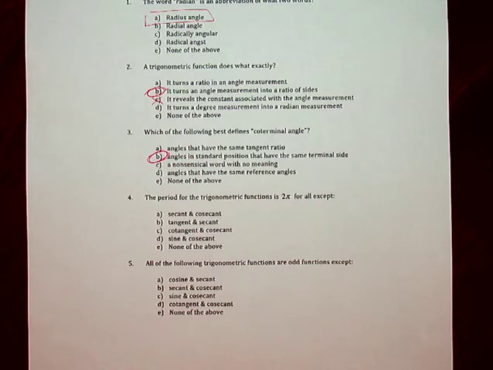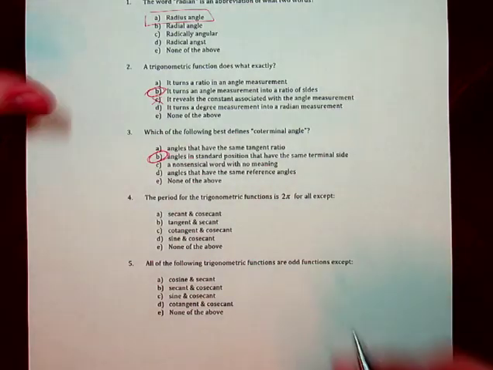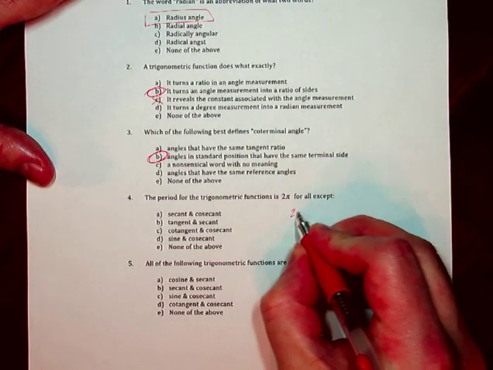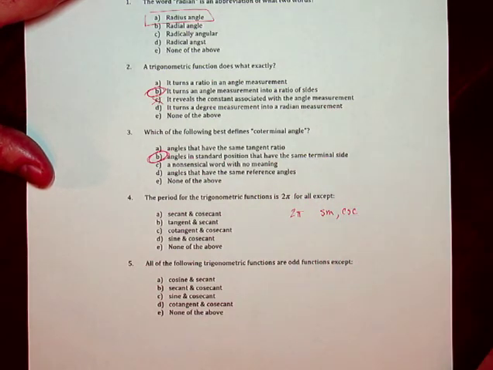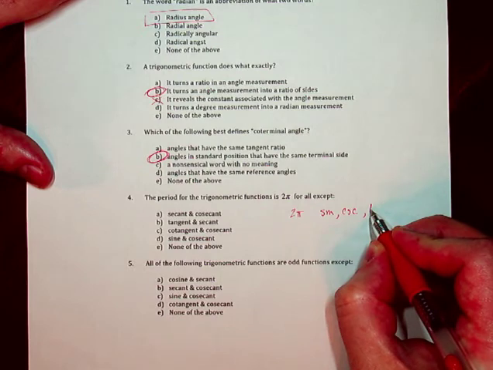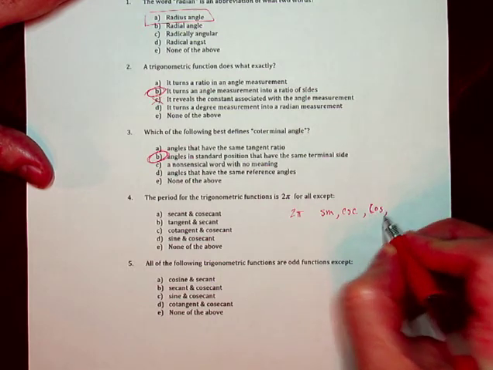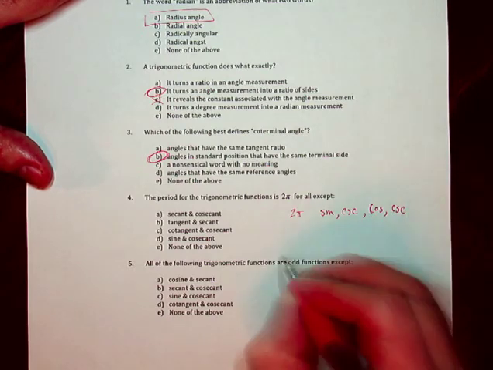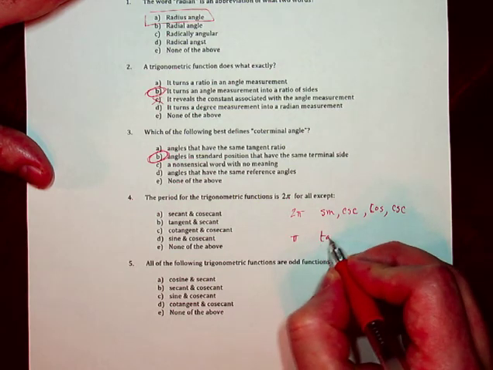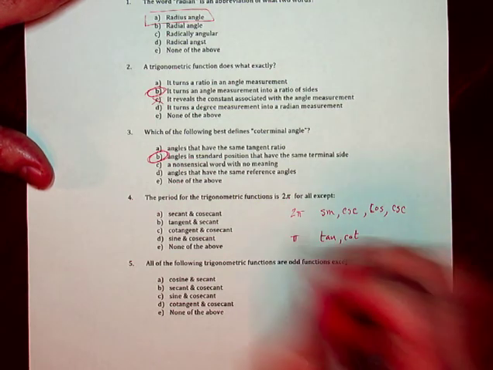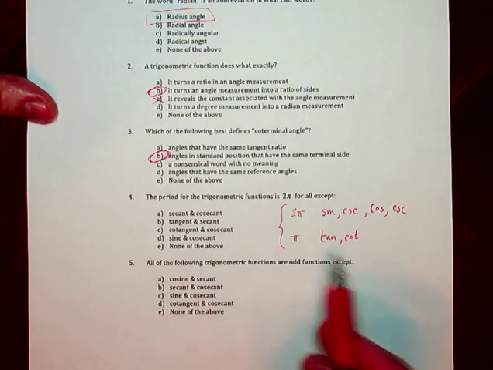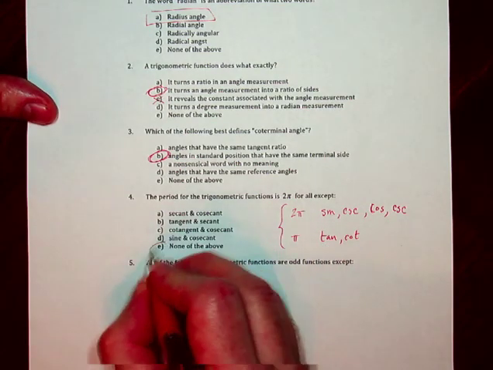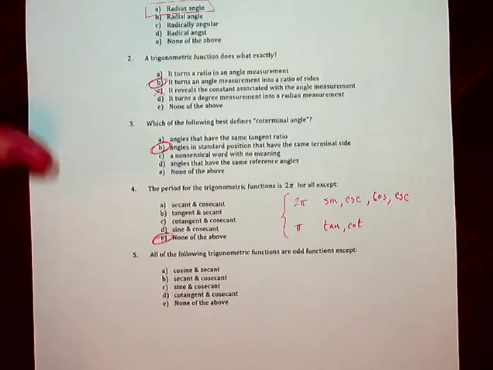So if you want to know, 2 pi as a period is for sine and its reciprocal, and cosine and its reciprocal. Pi is for tangent and cotangent, and that'll make more sense when we deal with that. Now, none of these say tangent and cotangent, so the answer is actually E, none of the above.